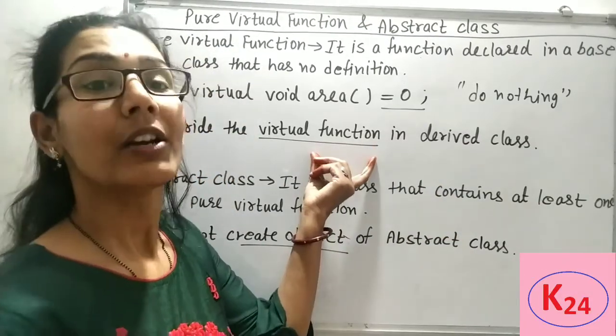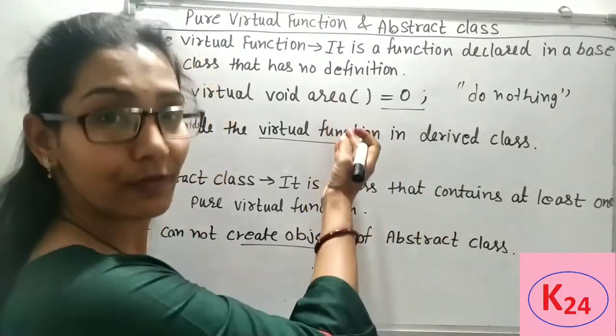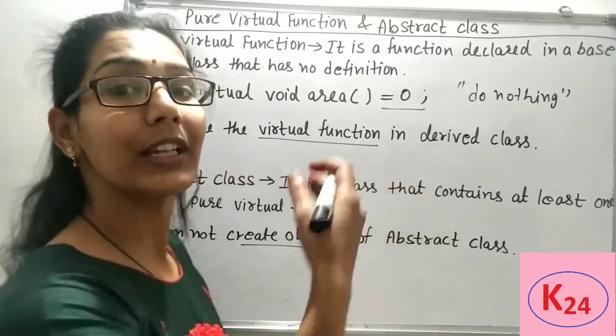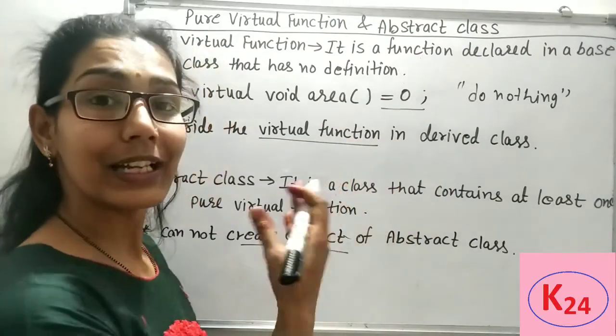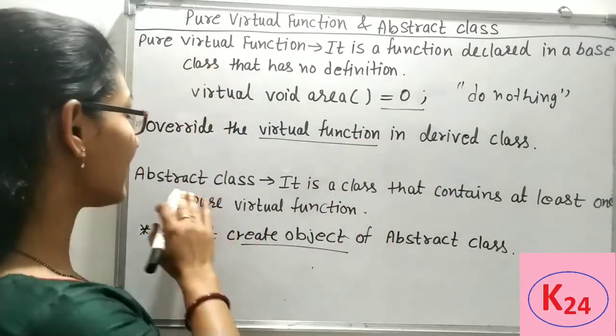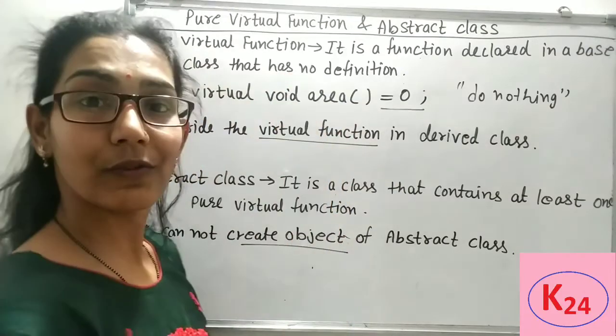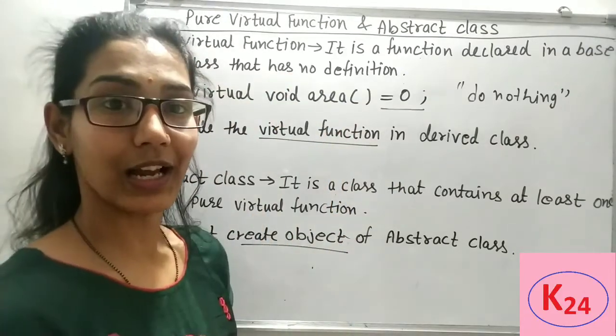But suppose we do not override the function, or we do not redefine the function definition in the derived class, then this derived class also works as an abstract class. So this is the concept of pure virtual function and abstract class.